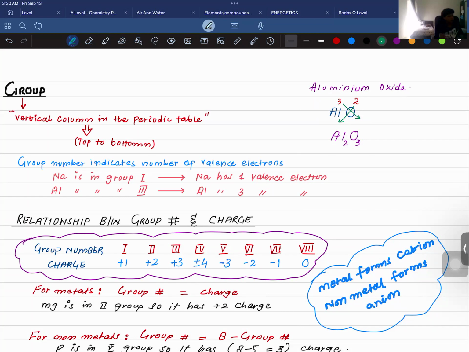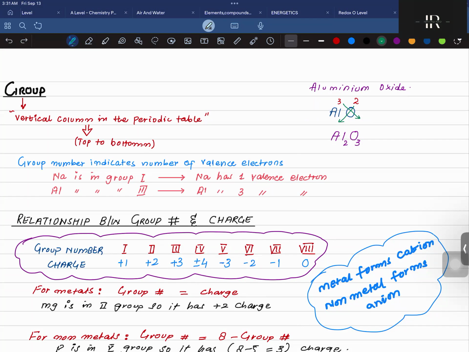You never saw any formula with the charges, like -2, -3, +1. Why did you put 2 for oxygen? Because this is in group 6, and something in group 6 has a negative 2 charge. Exactly. So I'm saying just ignore the sign, just put the value.